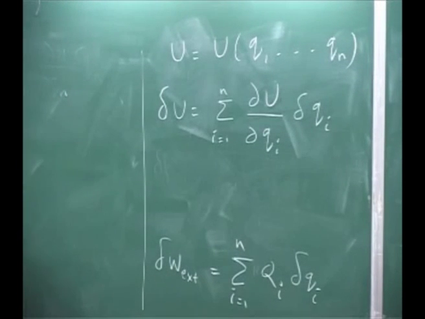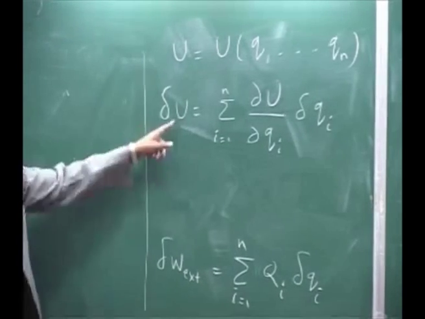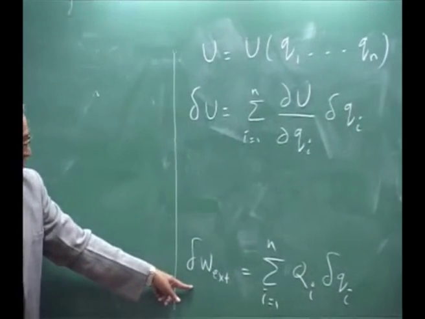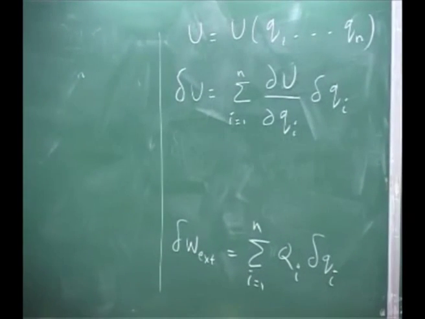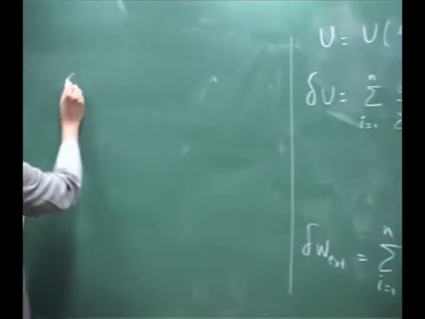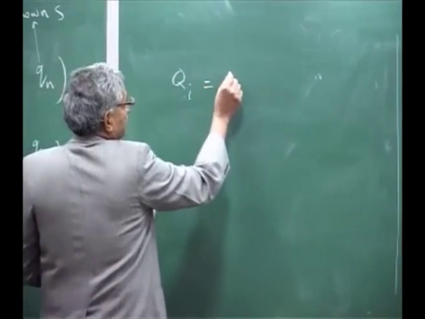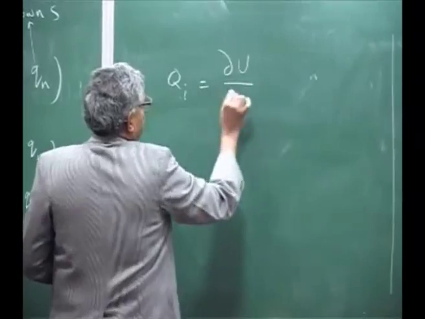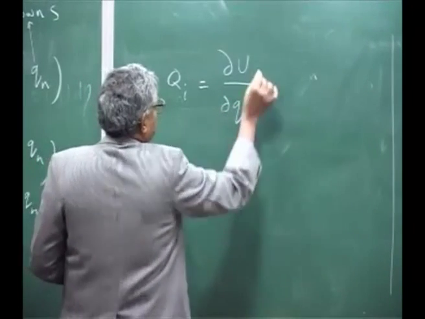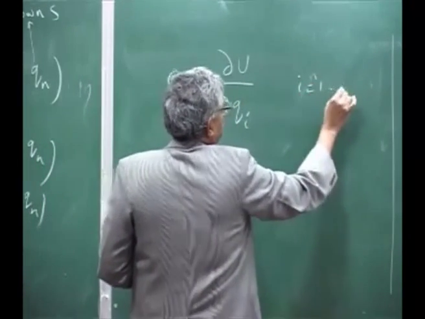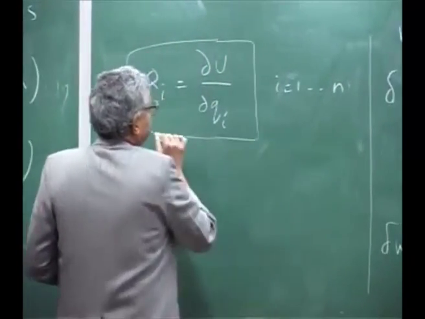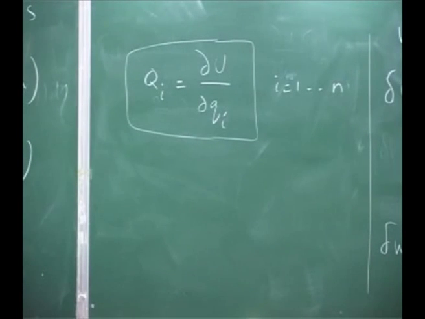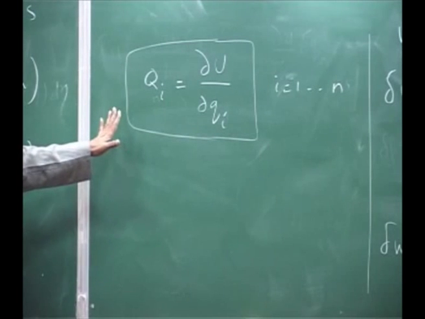Now what you are doing is equating these two. When you equate these two, the summation i running from 1 to n is gone. What you will have is Qi becomes delta U by delta qi, i running from 1 to n. This is my equation basically.